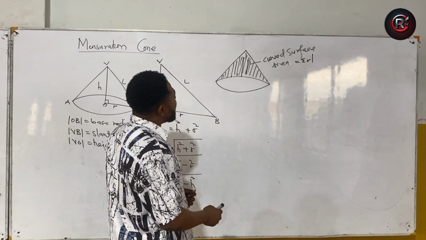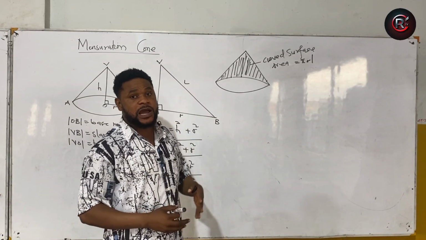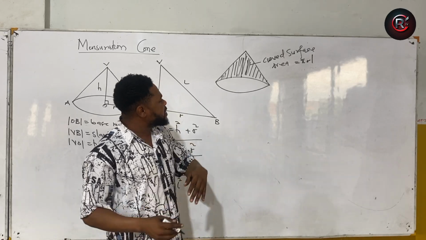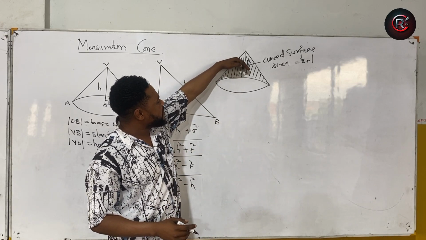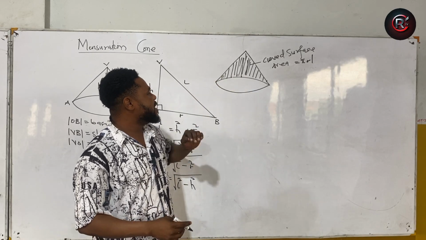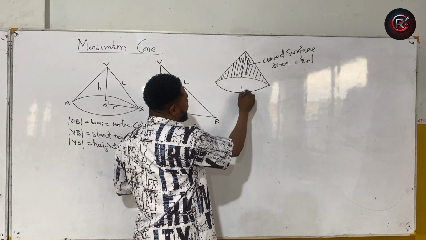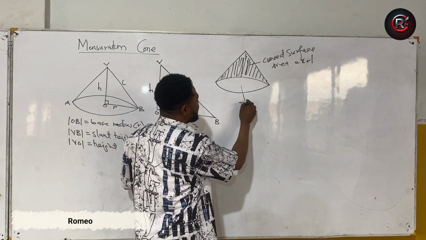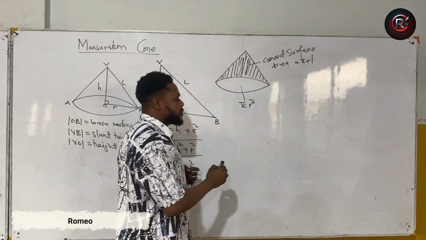Now, we can also be asked to find the total surface area of the cone. And the total surface area is the combination of the curved surface area plus the area of the base. Now, the area of the base, since the base is a circle, we say the area of the base is pi r squared.